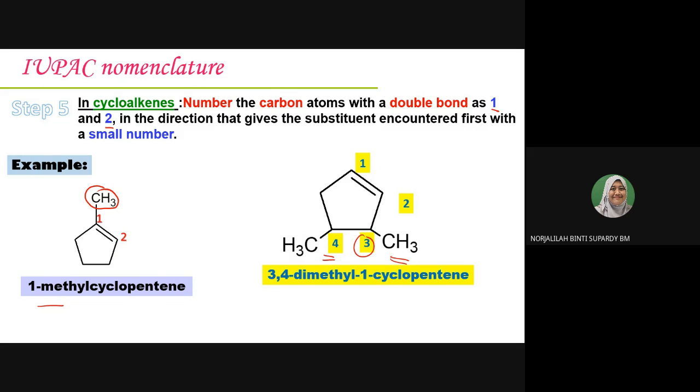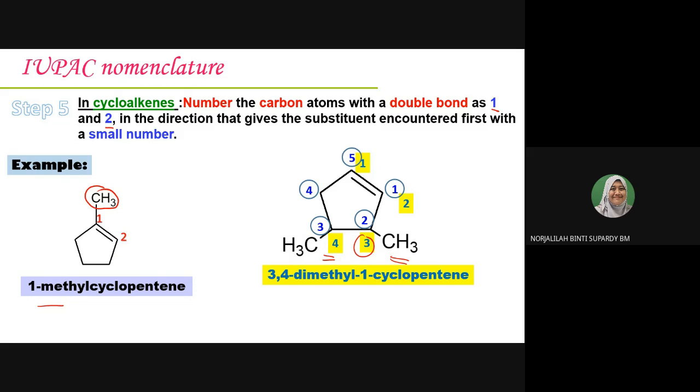Therefore the nomenclature that you will give is 3,4-dimethyl-1-cyclopentene.